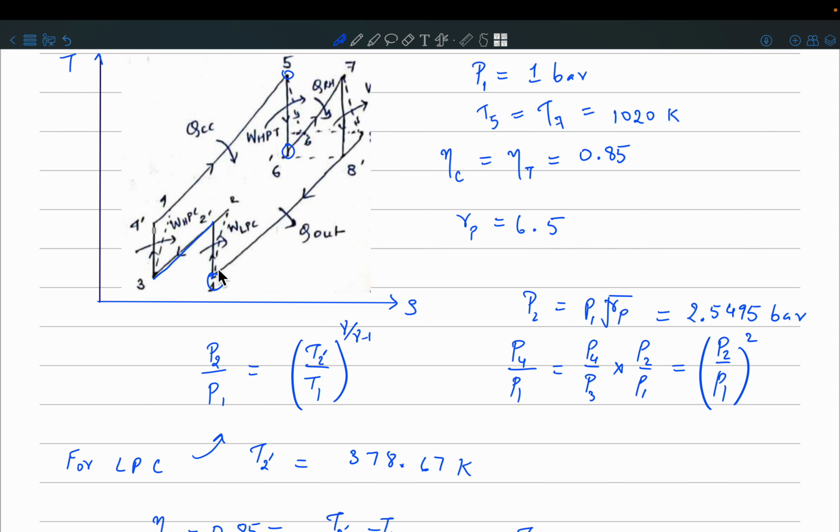We are saying that the pressure rise in the low pressure compressor is equal to the pressure rise in the high pressure compressor. So because this is defined as Rp, we got P2 by P1 as equal to the square root of Rp. That's what we used here, and the same pressure ratio will be across each of the turbines, the high pressure and the low pressure turbines.